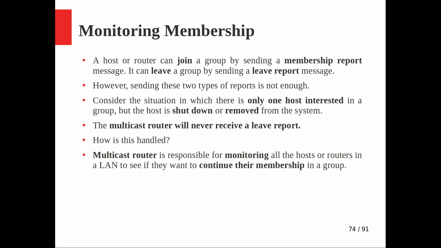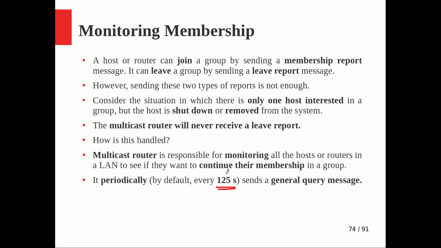The multicast router is responsible for monitoring all the hosts or the routers in the LAN to see if they want to continue their membership in that group or not. So some kind of monitoring should be there. Periodically, normally with a period of say 125 seconds, it sends a general query message.